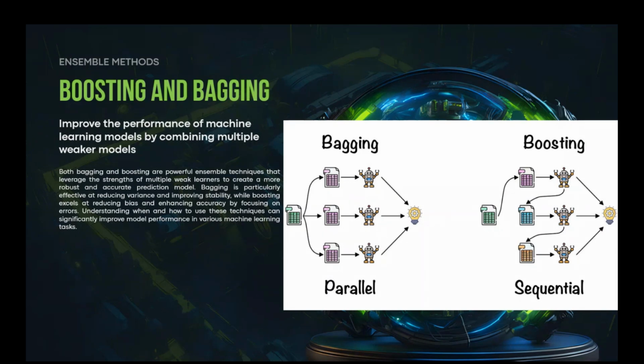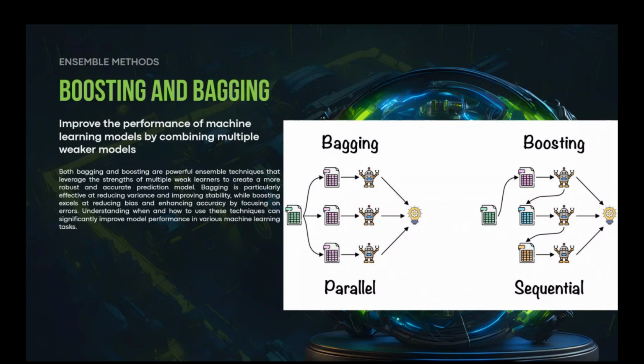So the first technique that we'll talk about is boosting and bagging. Boosting and bagging are ensemble learning techniques. Ensemble is where you are not using just one model, but more than one model, to improve the performance of machine learning models by combining multiple weaker models. Weaker models are often called weak learners.